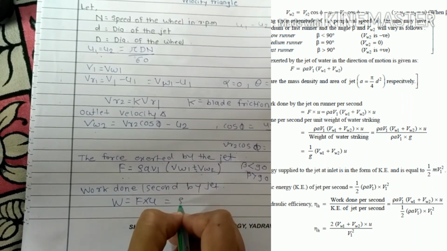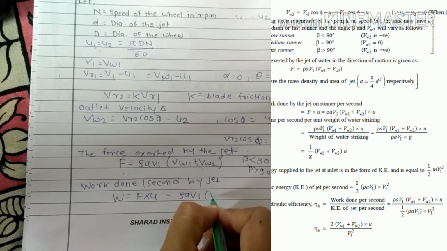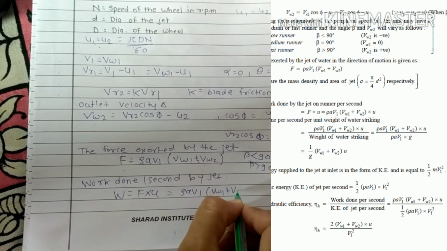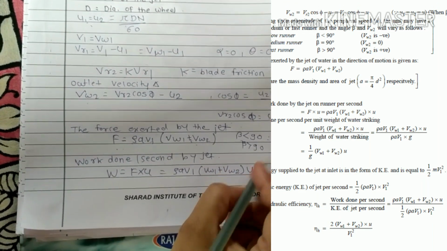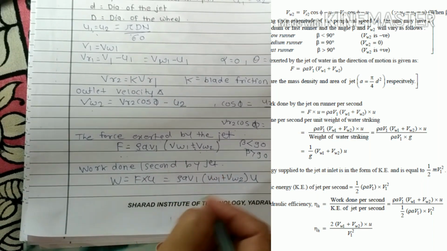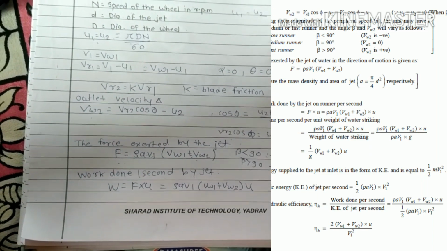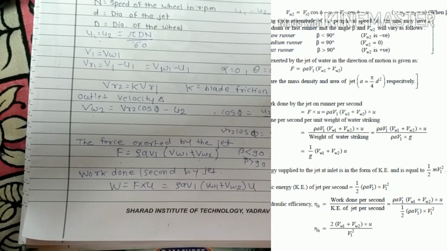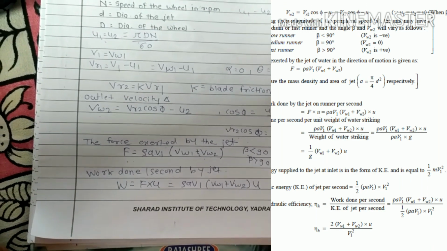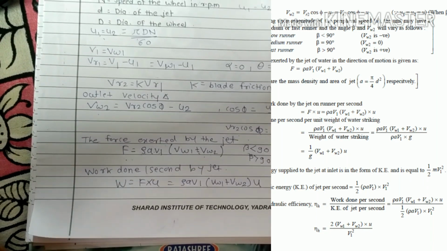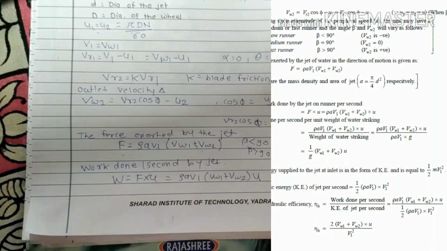As a result we will get rho a v1 (VW1 plus VW2) into u. So by this formula we can calculate the work done by the jet on the turbine. If you have to calculate the power, then just remove the mass and you will get the power formula.